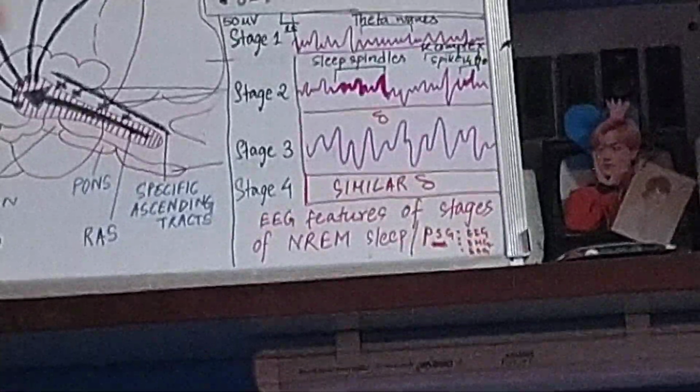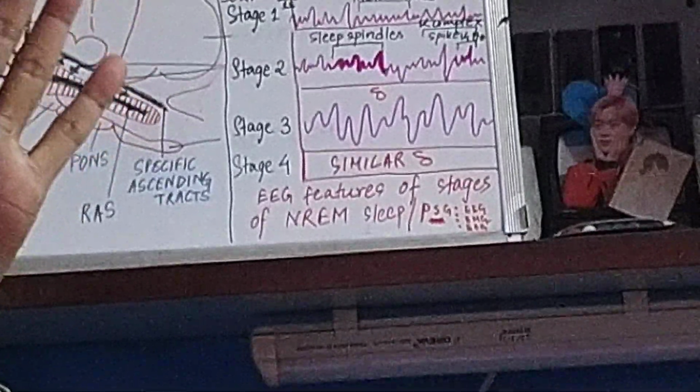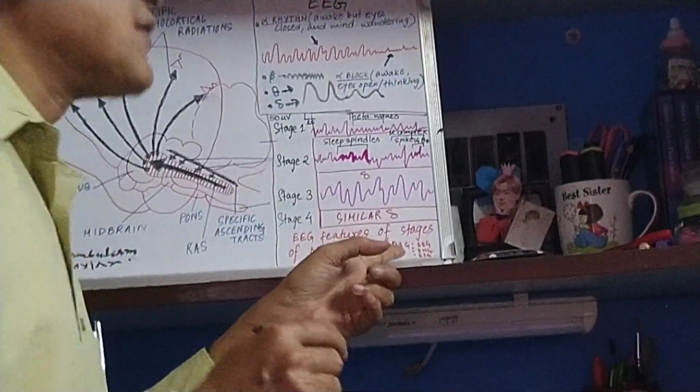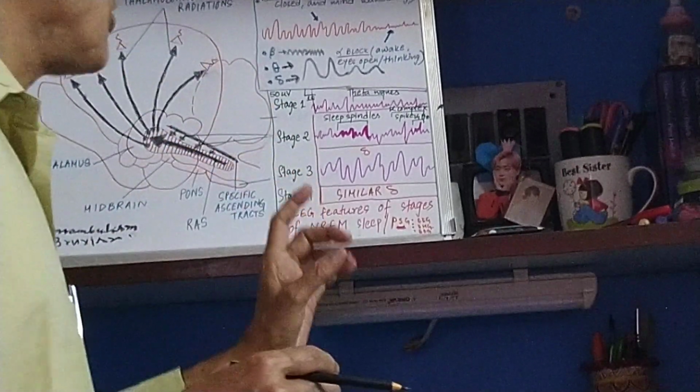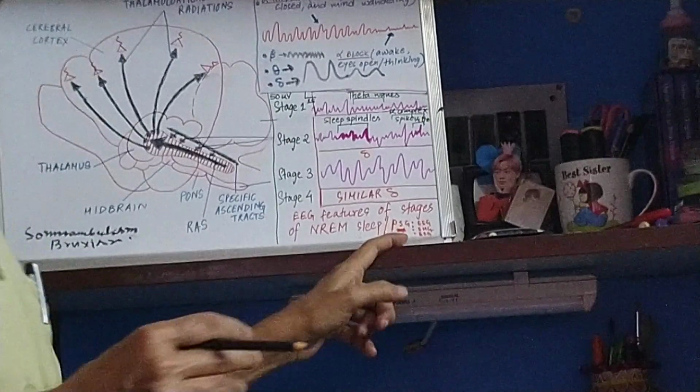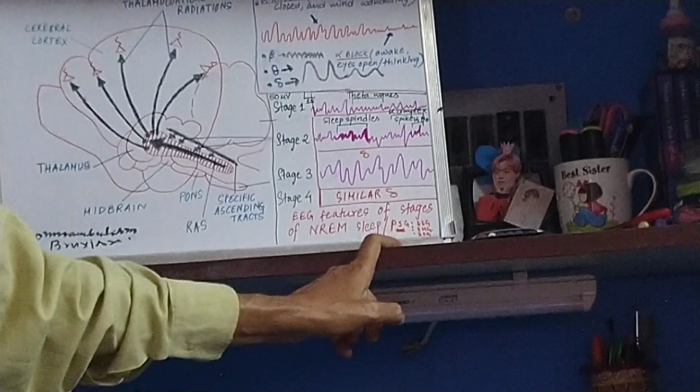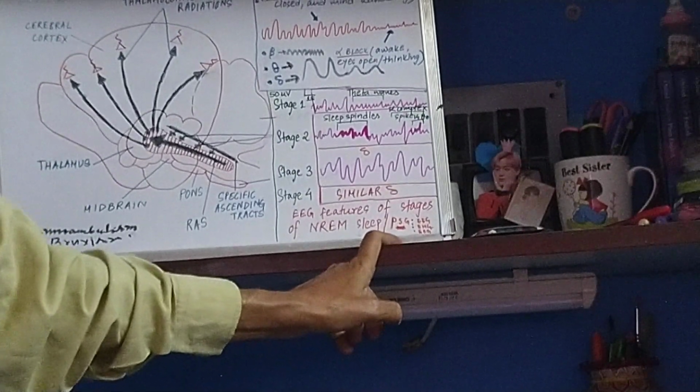So if you want to record the sleep of a subject, you shall have to use this particular instrument known as polysomnograph, and the polysomnogram is the result of the polysomnography.